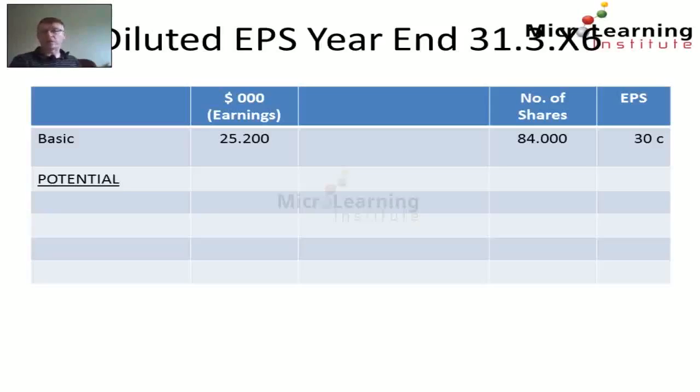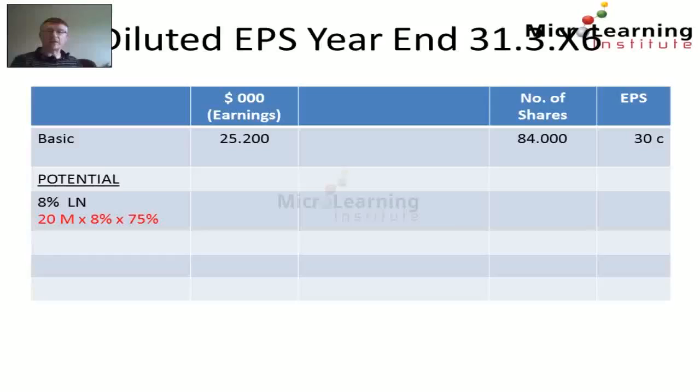The first source of potential shares is the 8% loan note. So right now the company is paying interest on the 8% loan note. So if that loan note is redeemed, the company will then no longer have to pay interest, and of course the interest charged on that loan note is the $20 million value of the loan note by the 8%.